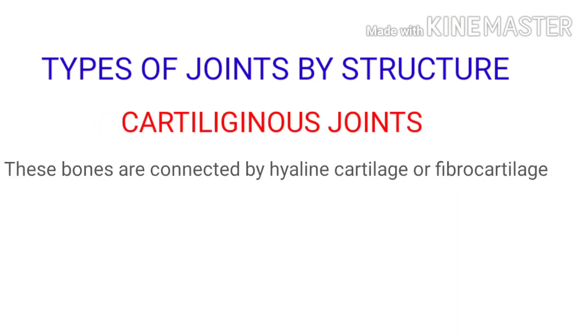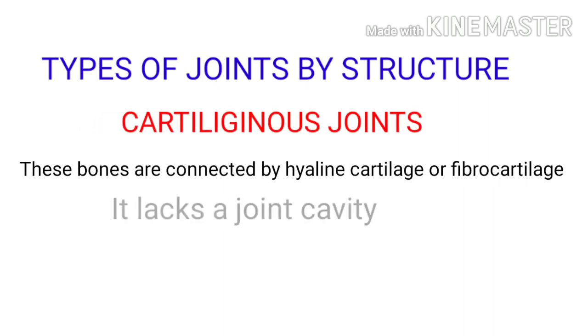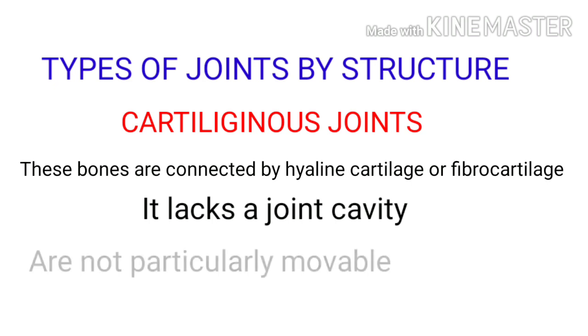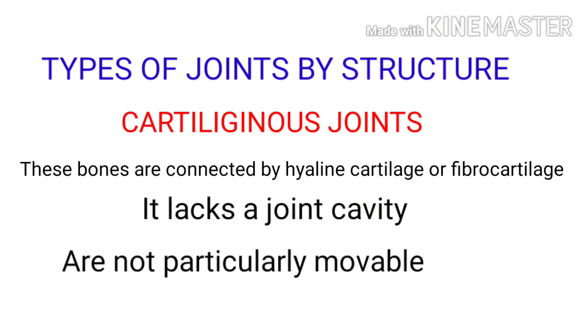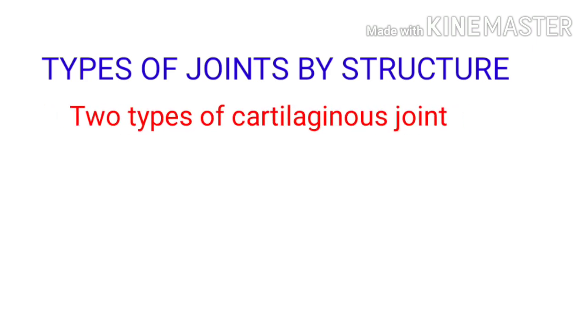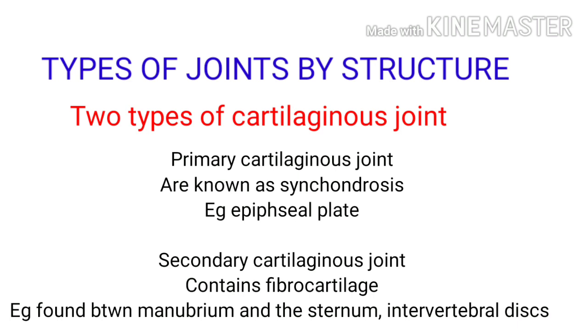Okay, so now we will come to the cartilaginous joint. In these, bones are connected by cartilage, and they lack a joint cavity and are not particularly movable. There are two types of cartilaginous joint, that is primary cartilaginous joint and secondary cartilaginous joint.